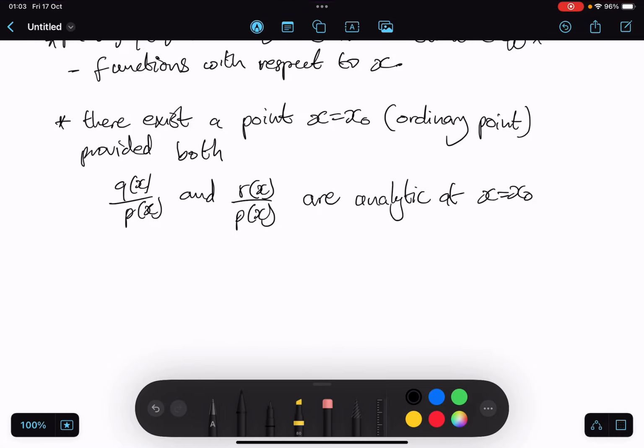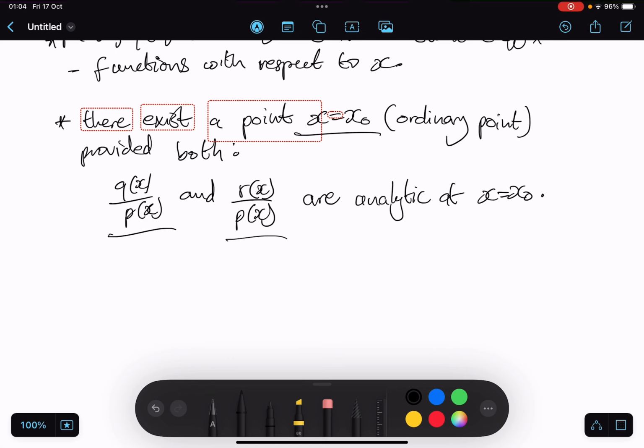We are saying there exists a point x is equal to x naught, which is an ordinary point, provided both q of x over p of x and r of x over p of x are analytic at that same point.